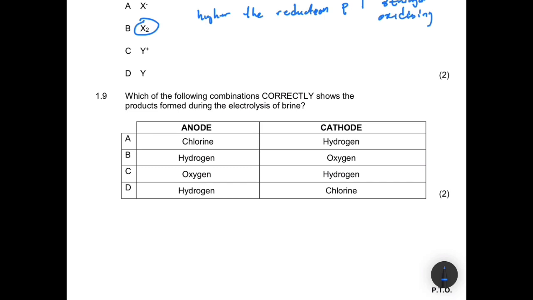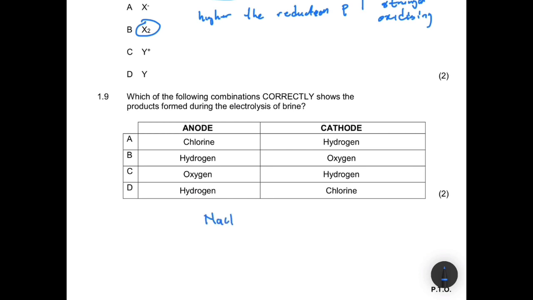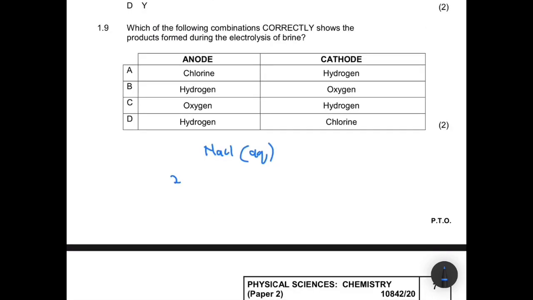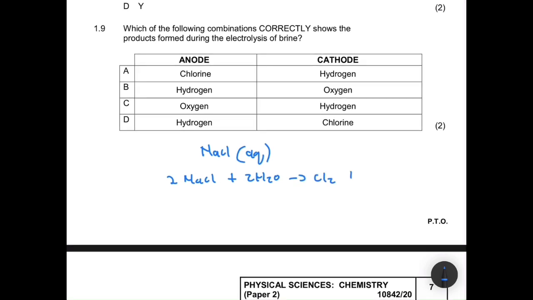1.9 is saying, which one of the following combinations correctly shows the products formed during the electrolysis of brine? If you don't know what brine is, how can you possibly answer this question? That's what you're here for. Brine is NaCl solution. The equation of this reaction is 2NaCl plus 2H2O giving us Cl2 plus H2 plus 2NaOH.